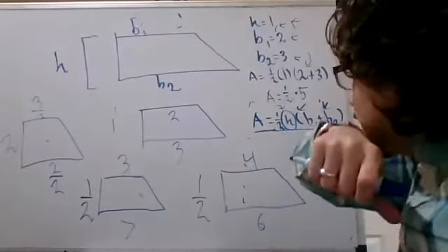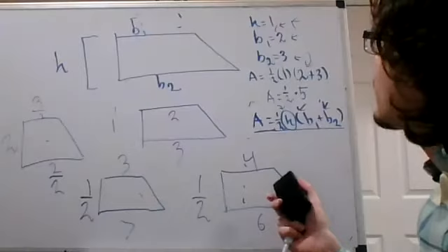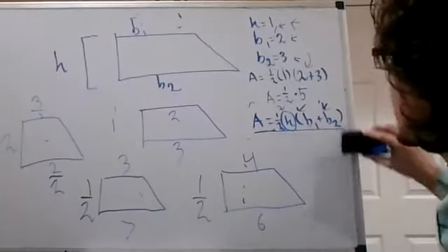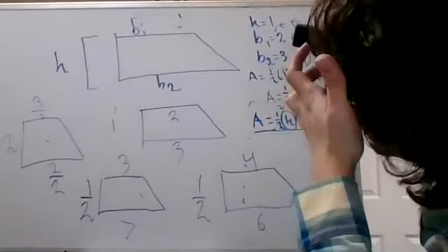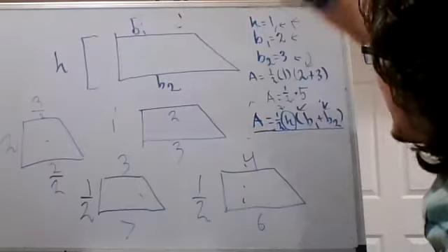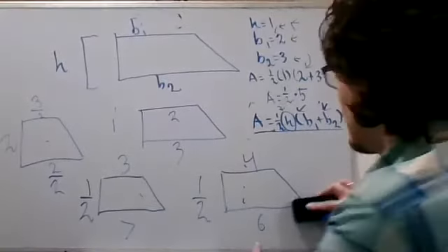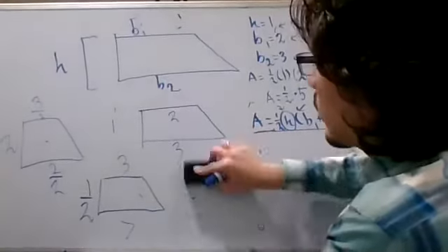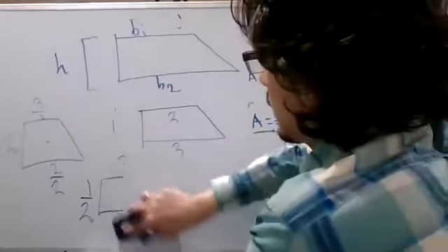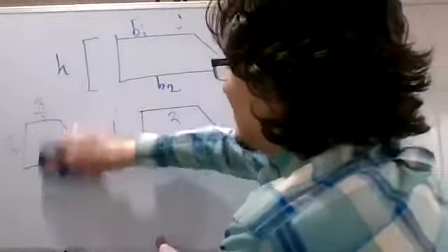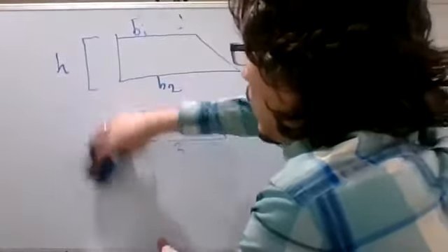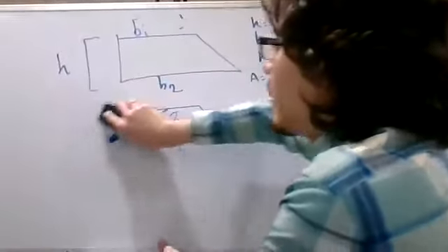Now, aside from this, we talked about changing the height and changing the bases, but let's think about what would happen if we were to change an individual base. So let's stay with our original trapezoid 1, 2, 3. If we were to change the height to 0, what would the area of the whole trapezoid be?